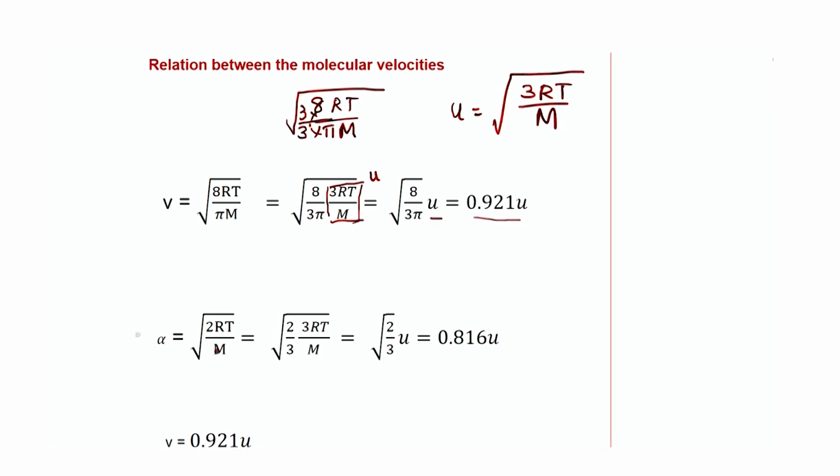Next is the most probable velocity, which is equal to the square root of 2RT by m. Again, to convert that in terms of root mean square velocity, I am going to multiply both numerator and denominator by 3.